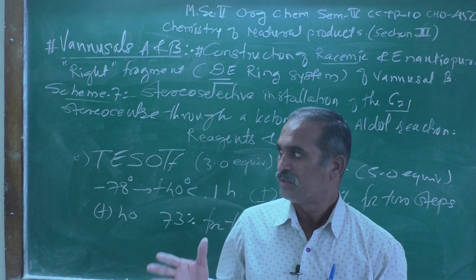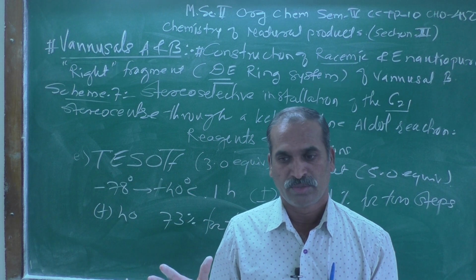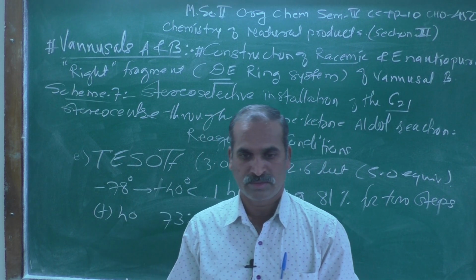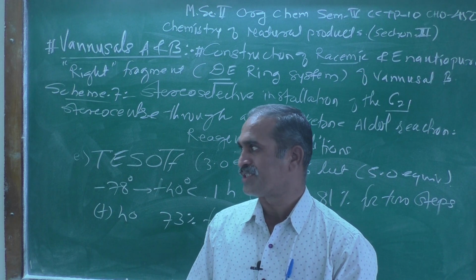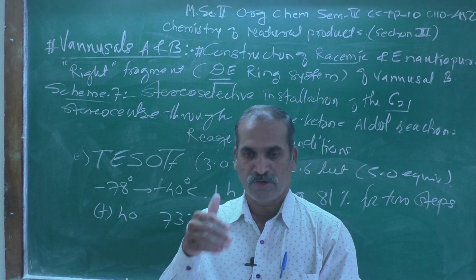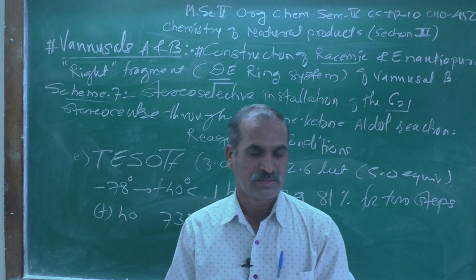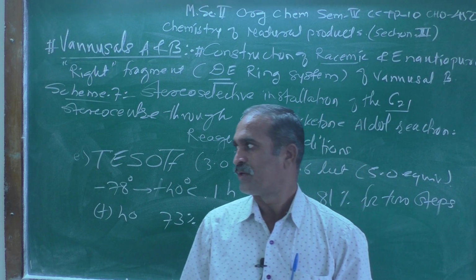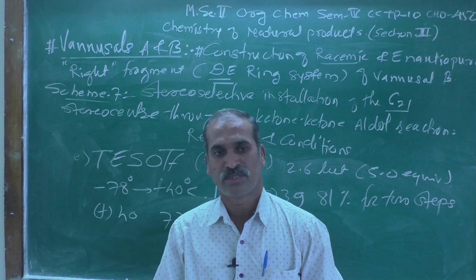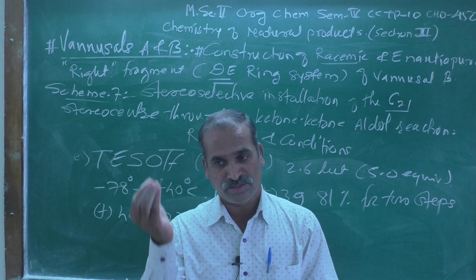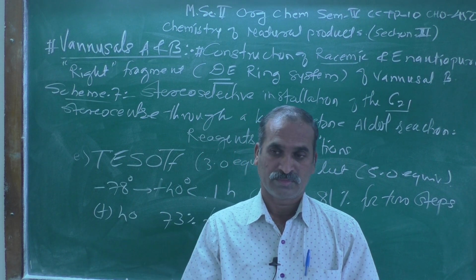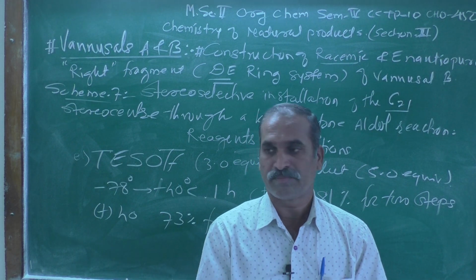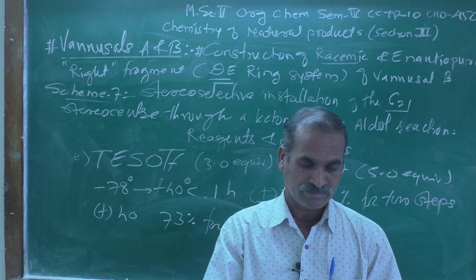Everybody knows the aldol reaction, because there is a formation of a new carbon-carbon bond, and therefore, from the synthetic point of view, the aldol condensation reaction is very, very important as far as synthetic organic chemistry is concerned.